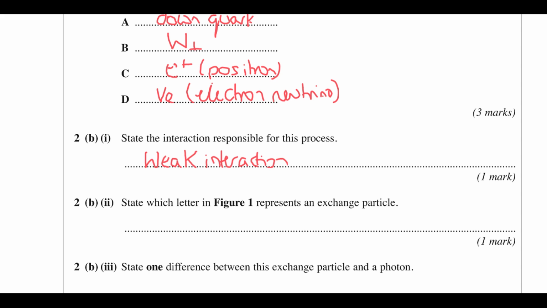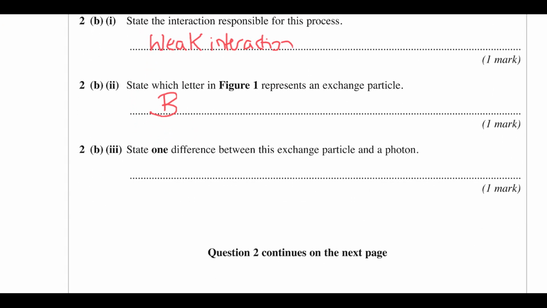State which letter represents that. That was B, and that's where you see the squiggly line going across on a Feynman diagram. It shows you an exchange particle or a charge mediator, whatever you want to call it. State one difference between this exchange particle and a photon. A photon is neutral. I'm just going to write this short.